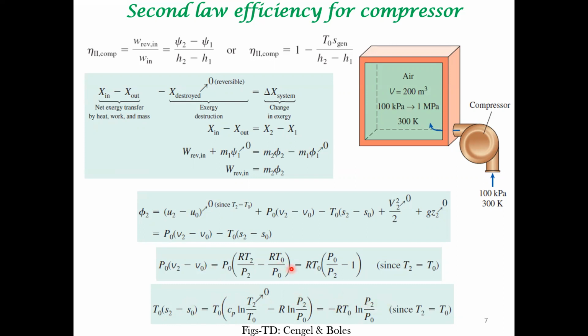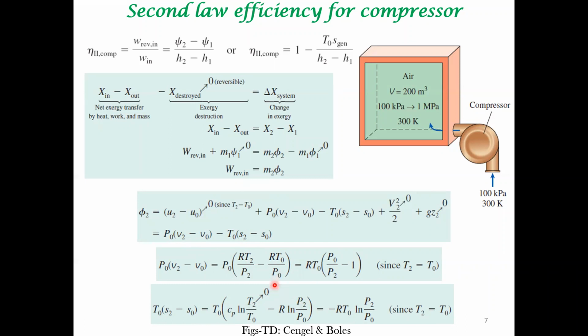This term we have obtained by assuming that air is an ideal gas. Therefore, you can get the specific volume at this pressure using this expression, and the specific volume at atmospheric pressure by assuming the temperature and pressure to be atmospheric. So this term we simplify from the ideal gas, and this term from the TdS relationship.